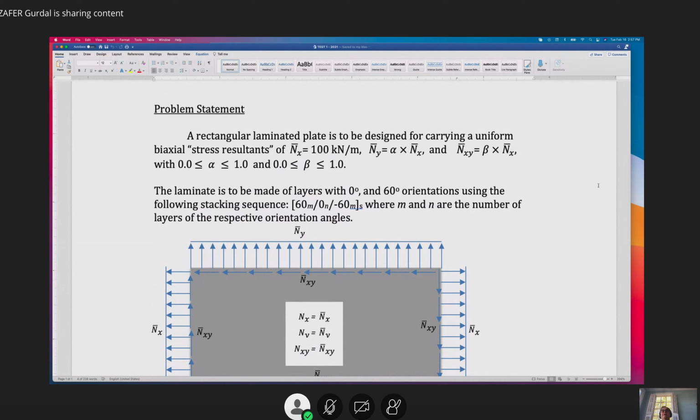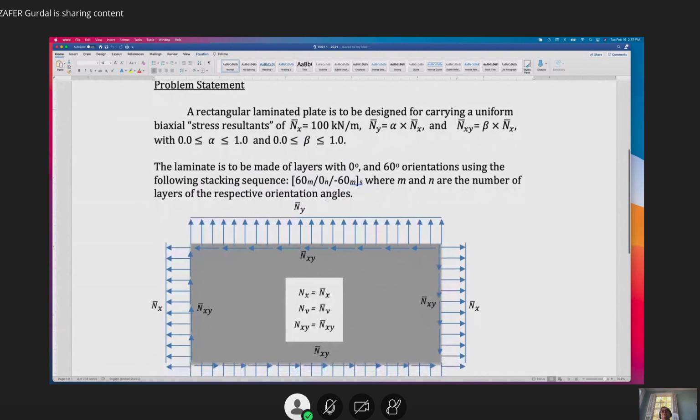The laminate is to be made only with 0 and 60 degree orientations, using the following stacking sequence. It's a symmetric laminate, but the number of 0 degree layers is n, which is an unknown, and the number of plus minus 60 orientation angle layers is m, which is also an unknown.